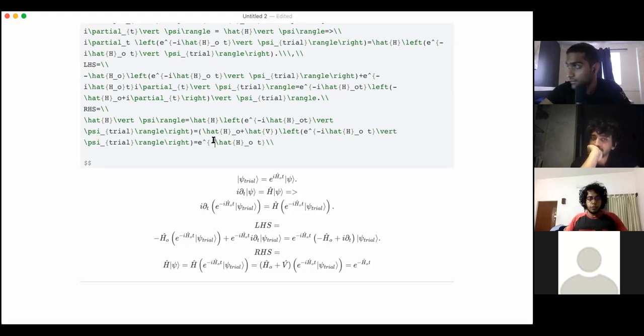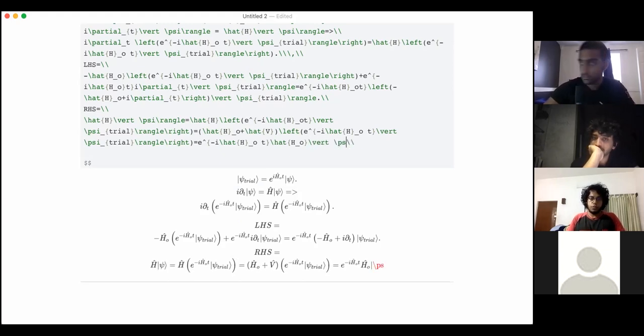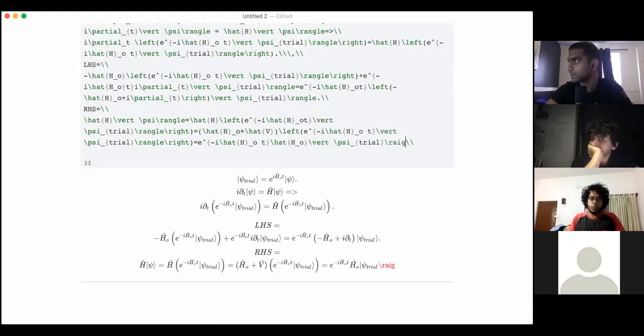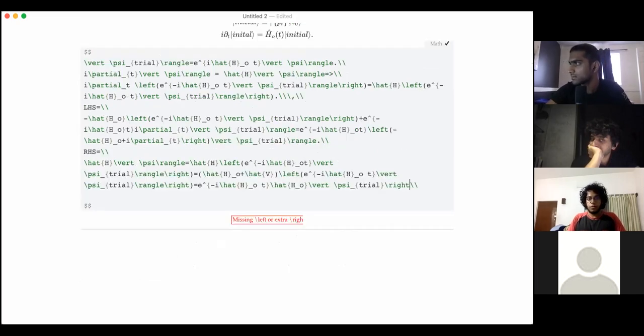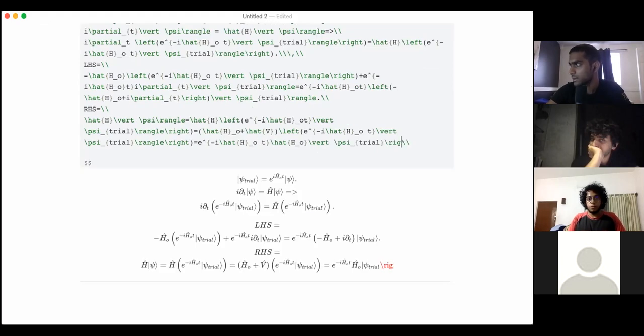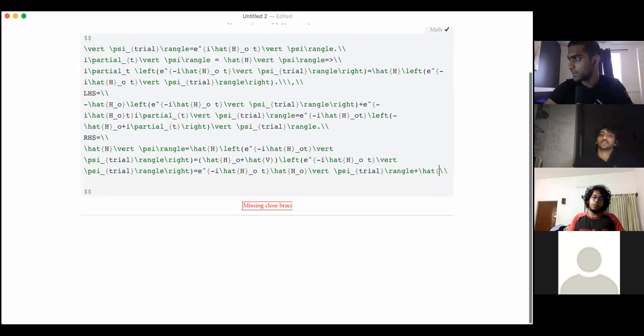Oh, there's an I. Make sure we get that I. Times H naught acting on, and the other term, which is at V e.